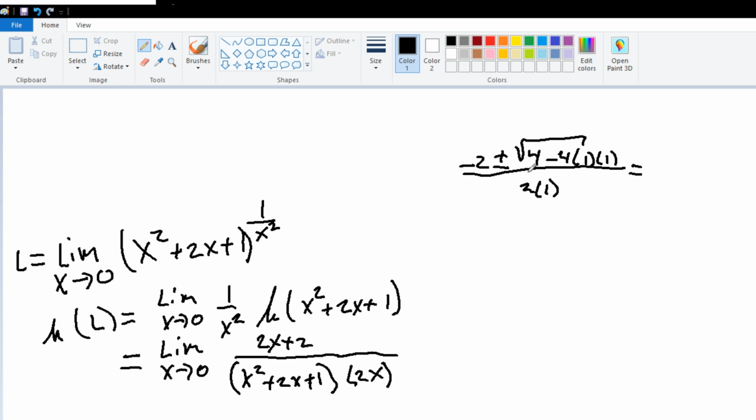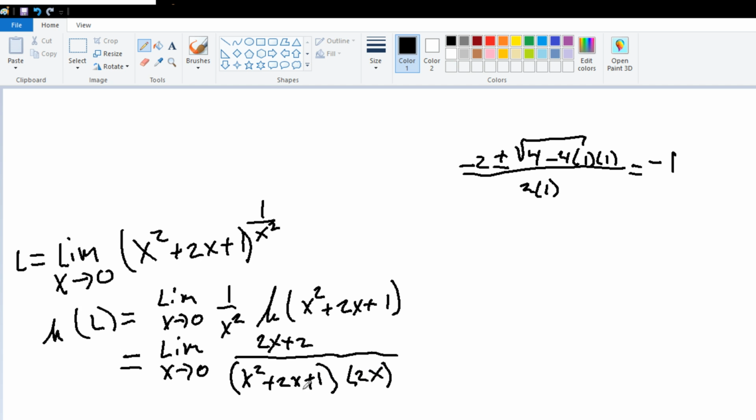And that equals, well, 4 minus 4 is 0, so we get 2 plus or minus 0, so we get negative 1 as our root. Let's check that. 1 minus 2. Oh yeah, this is obviously (x plus 1) squared, now that I look at it. Okay, so this thing here has one root, at negative 1, and it is positive everywhere else.